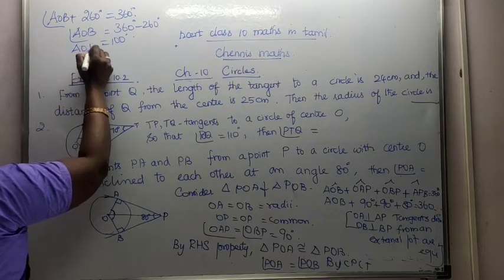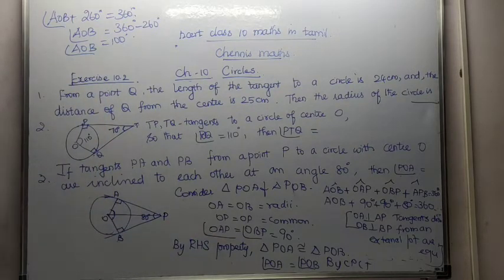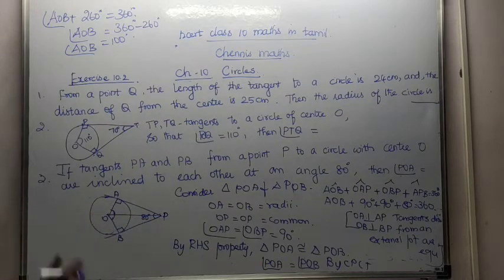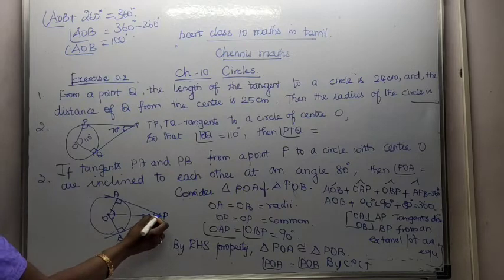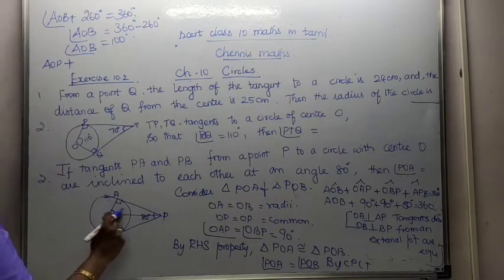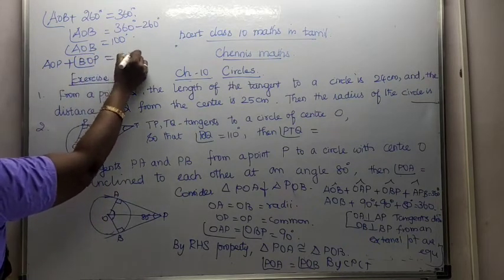But we know that AOB is equal to angle AOP plus POB, that is AOP plus BOP. So AOP plus BOP is equal to 100 degrees.